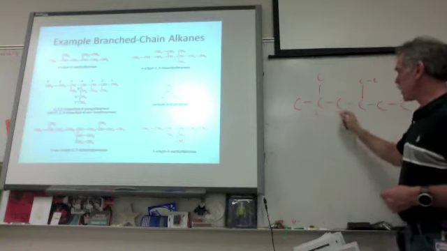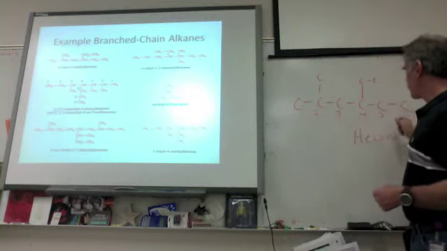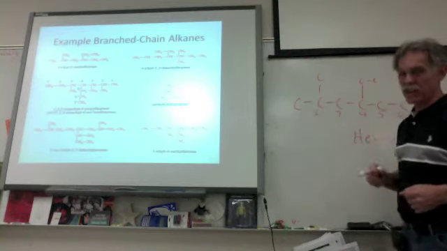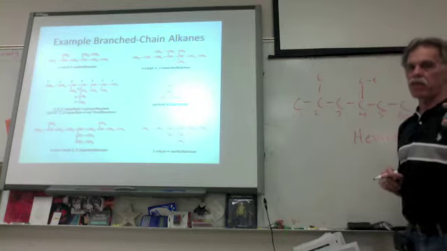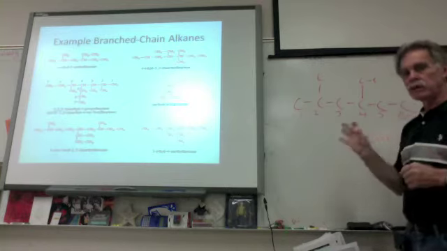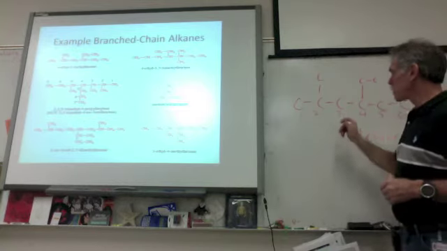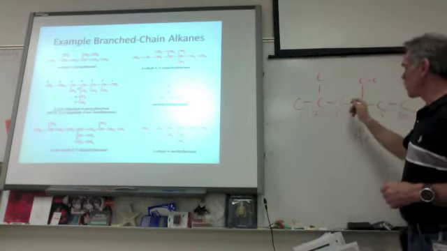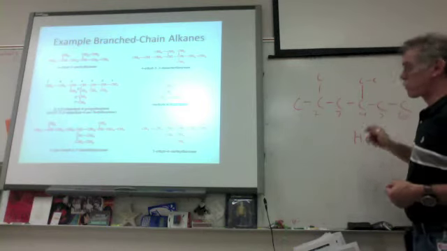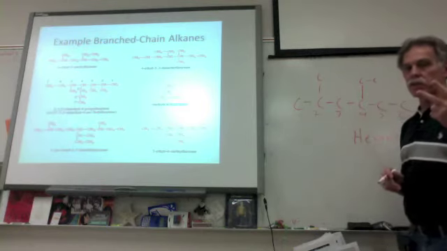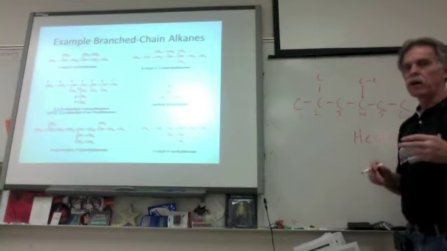1, 2, 3, 4, 5, 6. So on the second carbon, we have 1 carbon, which is a side group, so it's methyl. Then we also go 1, 2, 3, 4, because we can't change directions in the middle. On the fourth one, we have a 2-carbon group, which is an ethyl.